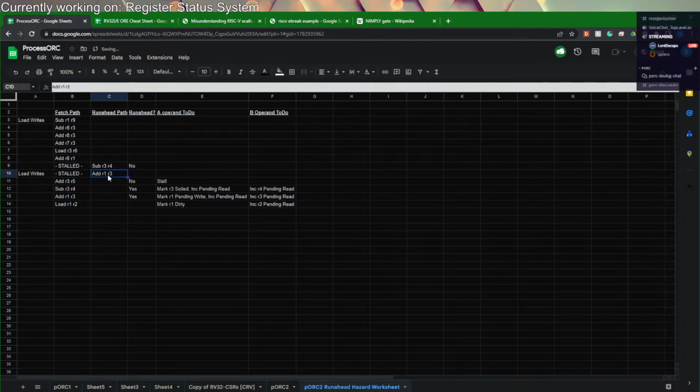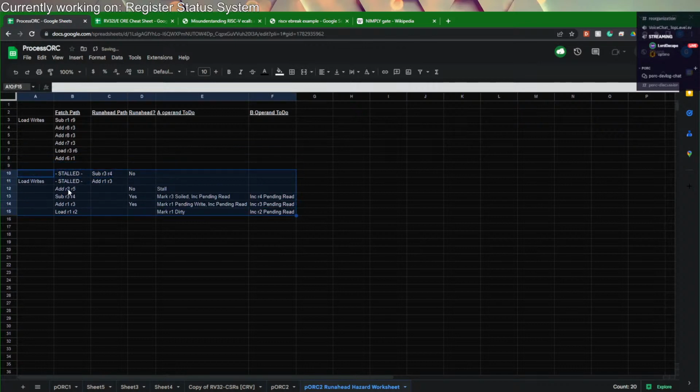And these two would process through. Actually, I need to move this down one more, because this needs to go there.